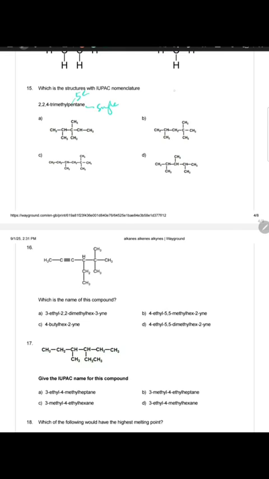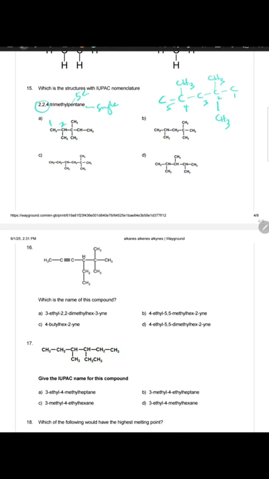So first thing we'll do is to draw a structure that has 5 carbon, and then we're going to number the carbons, and then we're going to put the methyl on the second because it has 2, 2, and then the last one is going to be on the fourth. So we're going to look for a structure that is similar to this.